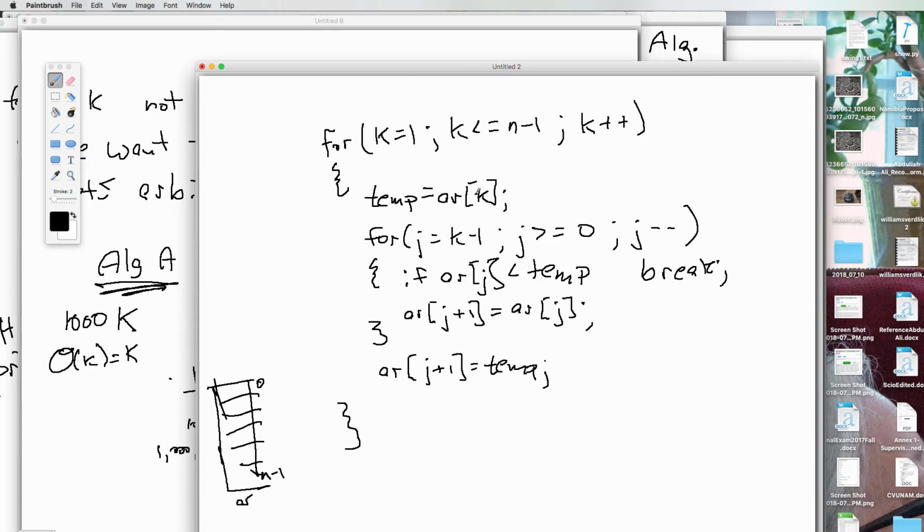Okay, so we're executing this inside loop, the insertion loop, for k equals 1, for k equals 2, for k equals 3, all the way up to k equals n minus 1. Well, remember, what this whole thing is doing is this is sorting the array. And whereas the inside of this thing is called the insertion loop, this whole thing here is referred to as the insertion sort.